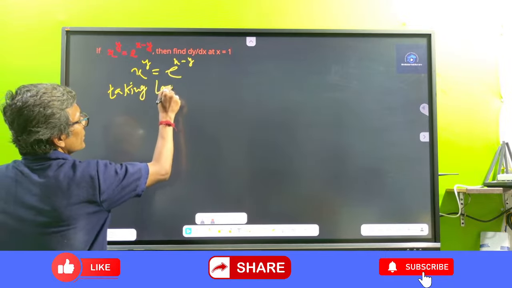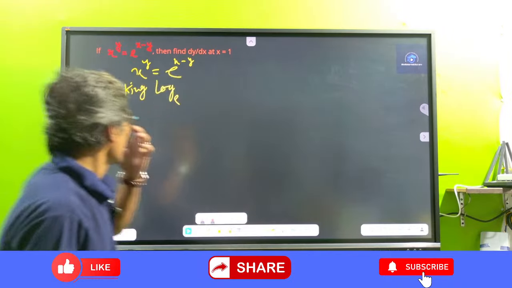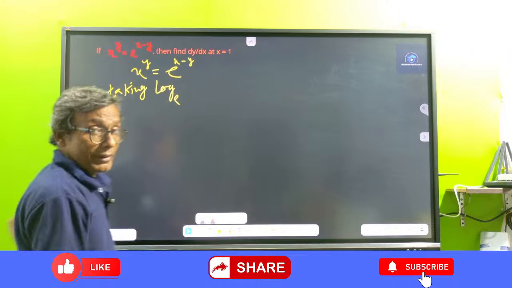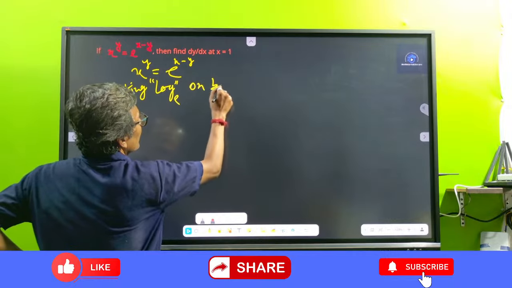We should take the Neperian logarithm, that is log to the base e, on both sides.